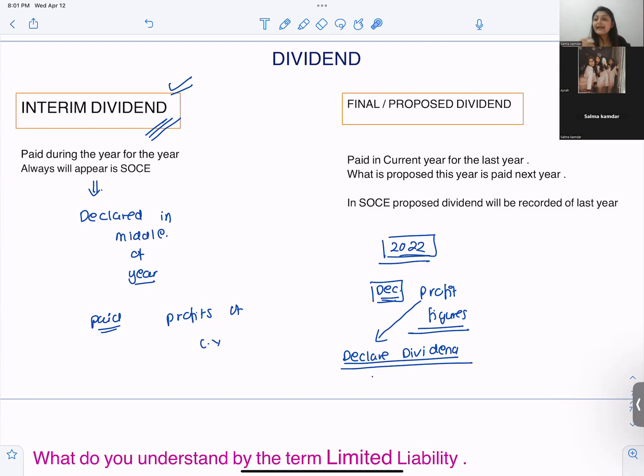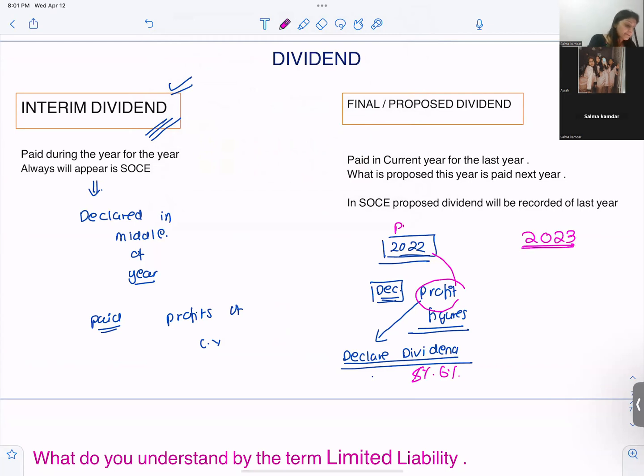But I cannot declare and pay on the same date because it is a long process. So when I declare in 2022, I propose that out of the profits of 2022, I am giving 5% or 6% dividend. So I declare in 2022 and I will give it in 2023.